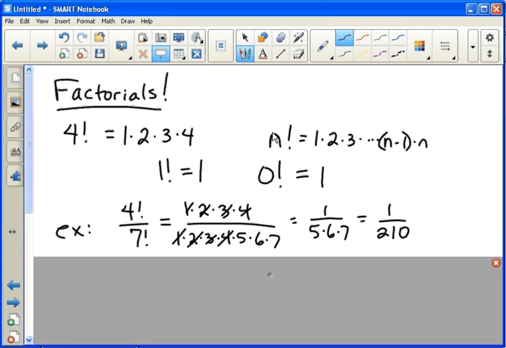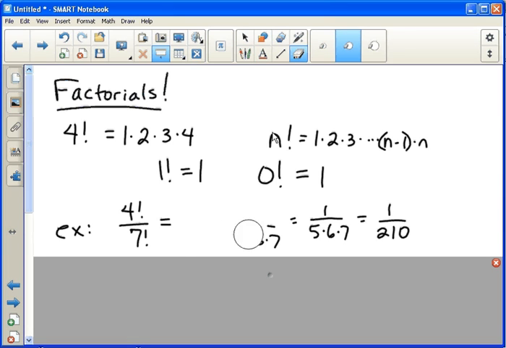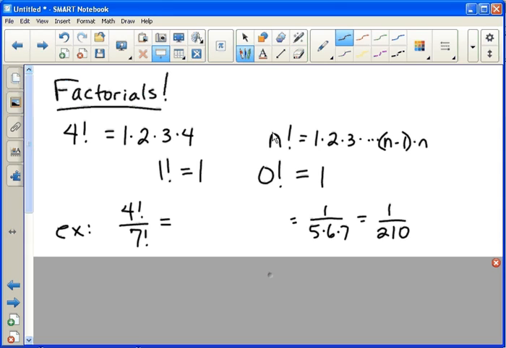Okay, well, that's going to be difficult if we have any numbers that are much larger than things like 4 and 7. So let me show you another way you could have approached this. You know 4 factorial includes all the numbers 1 through 4. 7 factorial includes all the numbers 1 through 7. So instead of expanding the 4, I'm going to say 4 is clearly the smaller of the two. So I'm not going to expand it. I'm just going to leave it as 4 factorial.